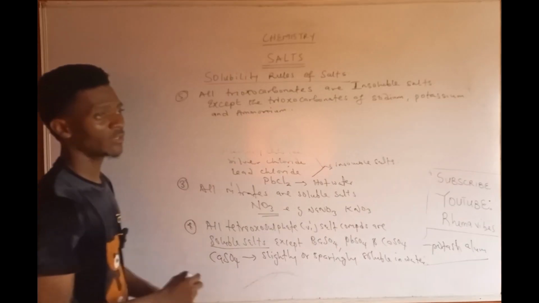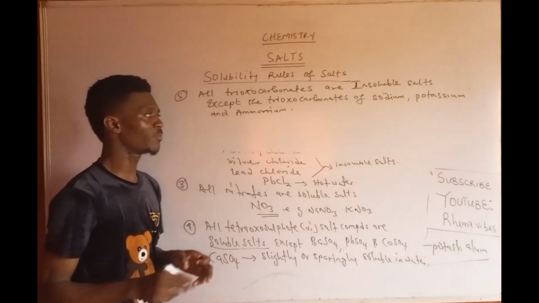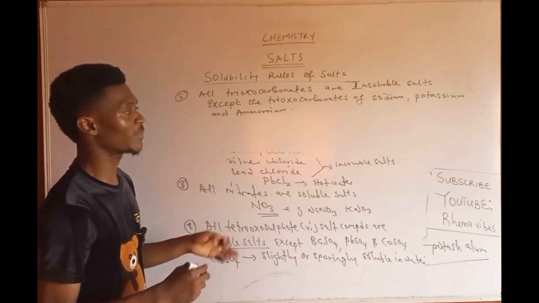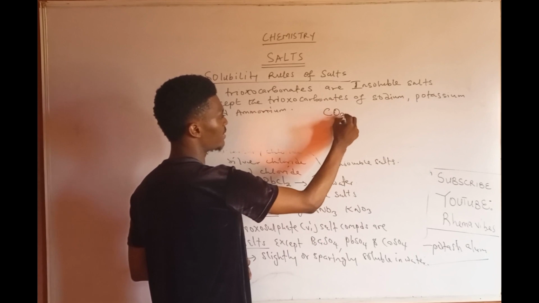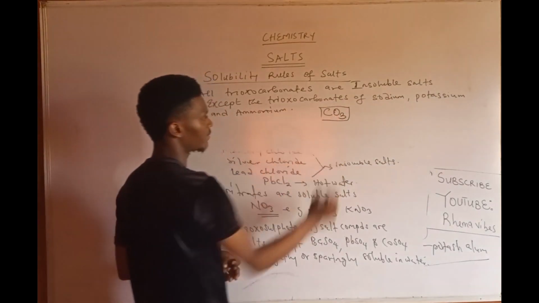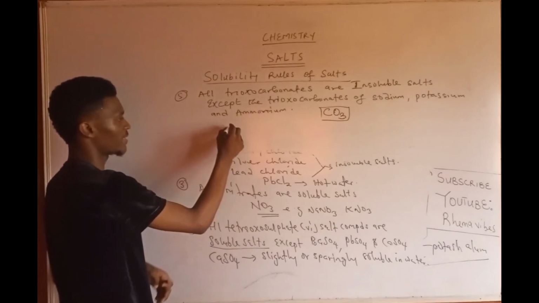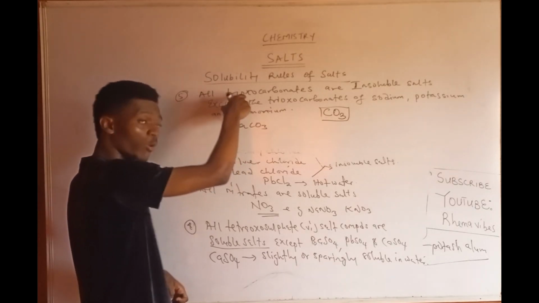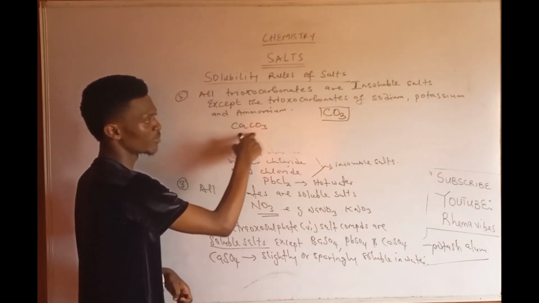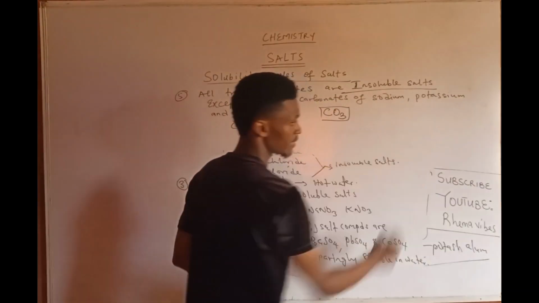The others are considered insoluble salts. When we talk about trioxocarbonates, we are simply referring to salt compounds that end with CO3. If I tell you CaCO3, is this soluble or insoluble? It falls under the rule here, and it becomes insoluble.